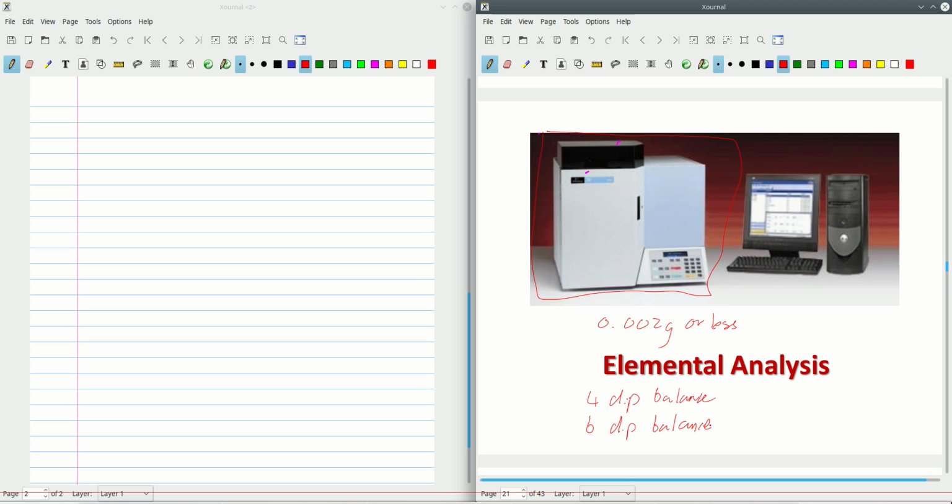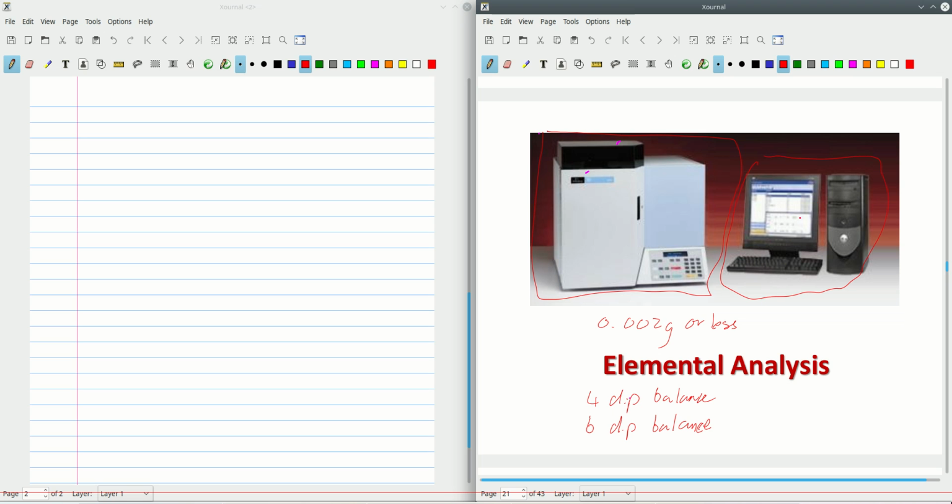And these balances are so sensitive that the mass would change if you just breathed out on it. So these have to be kept shielded from wind, drafts and everything, these really highly precise balances. And then we just have a PC that records the data.